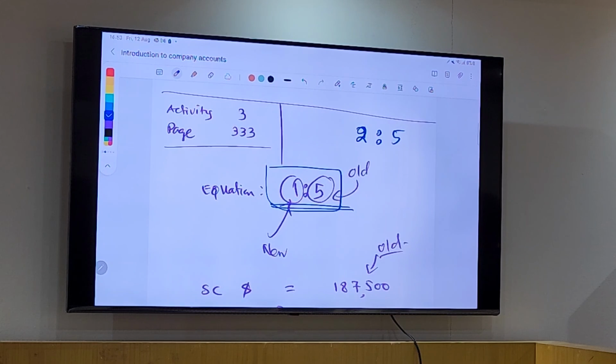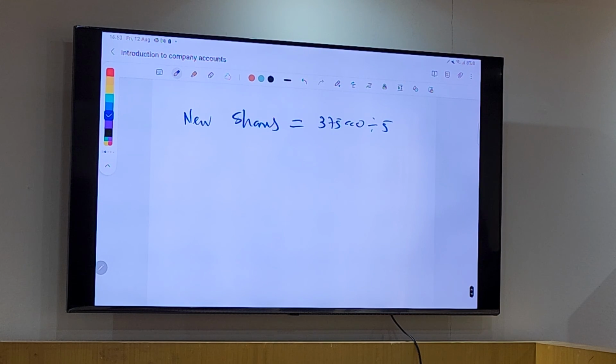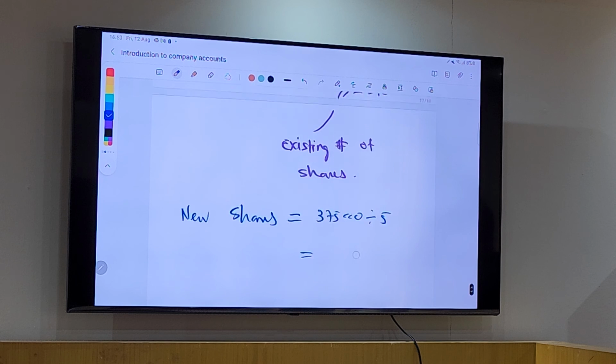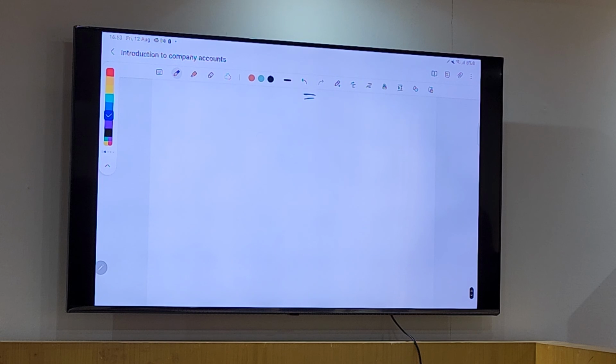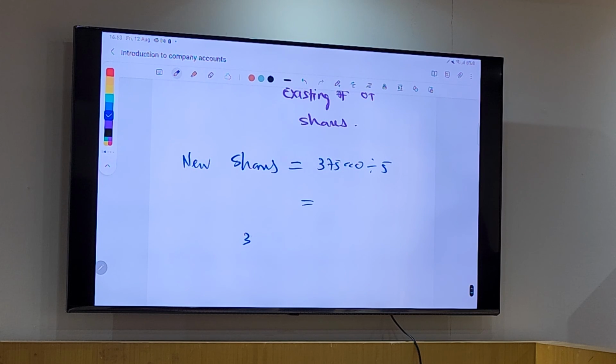You should know that. You should see this correctly and use your maths. Suppose this is divided by this to 3, then this number will become 3. So that clarity must be there. Now if this is 2 to 3 to 5, you divide 375,000 by 5 and then multiply by 2.